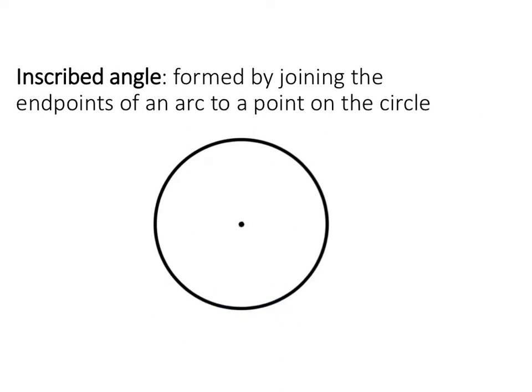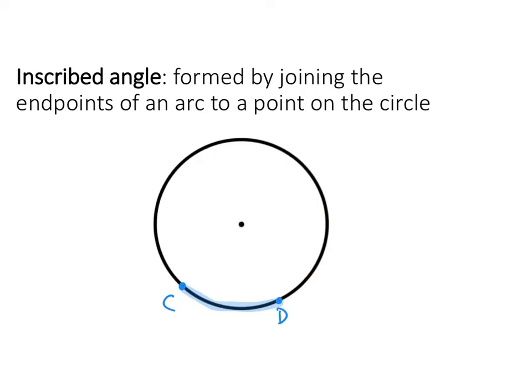We can also do something that's similar, but not quite the same. So I'm going to sketch out C and D again. I'm looking at minor arc CD, just like in the last one. But this time, instead of joining the endpoints to the center of the circle, I'm going to join them somewhere else on the circumference.